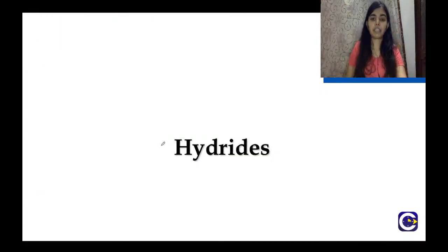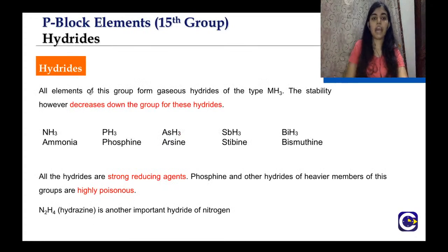Now next we will discuss hydrides in detail. All elements of this group form gaseous hydrides of the type MH3. That means ammonia, phosphine, arsine, stibine, bismuthine are all gaseous hydrides, right? The stability, however, decreases down the group for these hydrides.